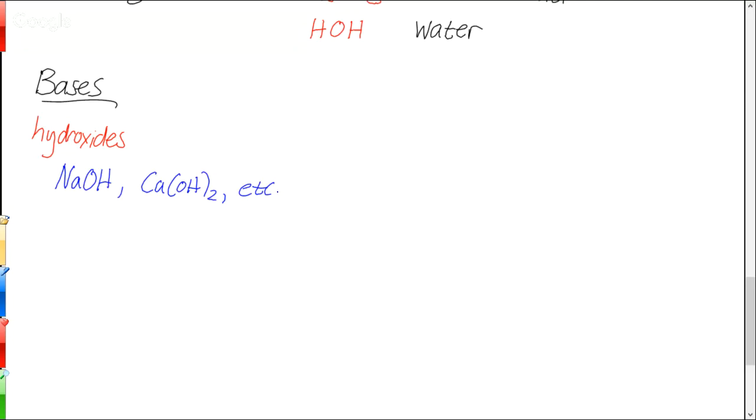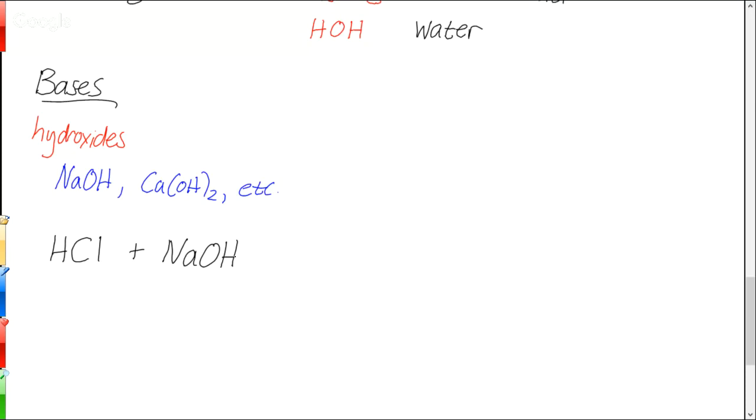So when we think about how these would act in an acid-base reaction, let's look at that. We'll take an acid like HCl, and we'll react it with sodium hydroxide, NaOH.